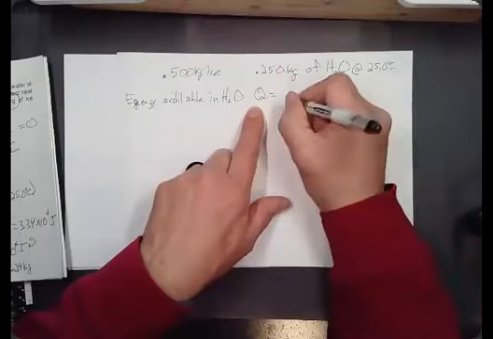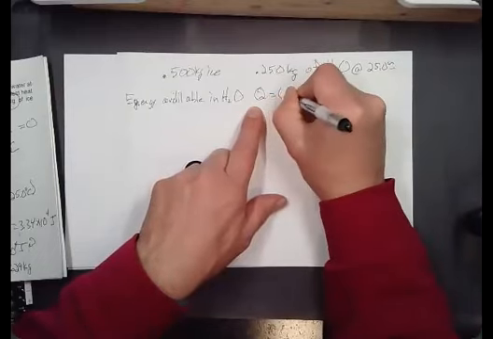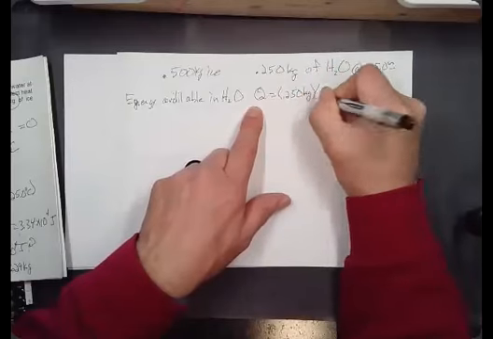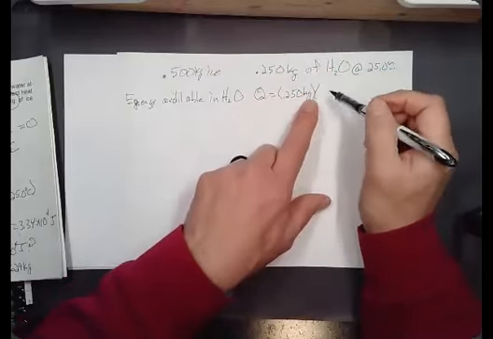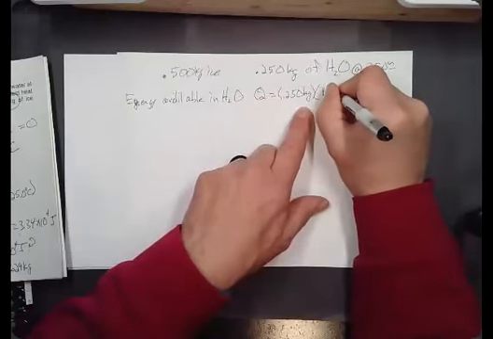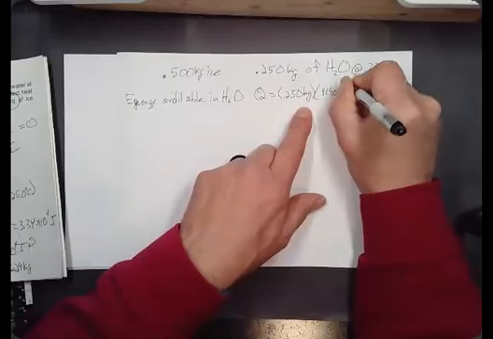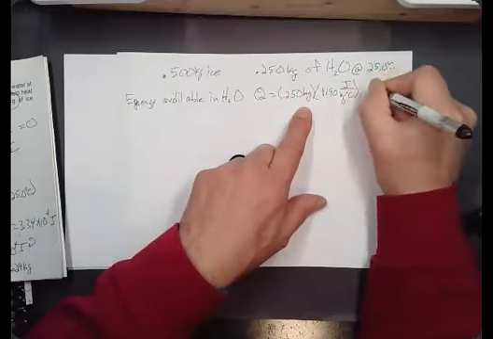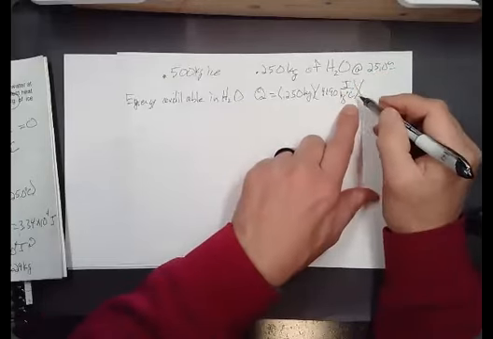its mass, which is 0.250 kilograms. And C for water is 4,190 joules per kilogram degree Celsius, or kilogram Kelvin.